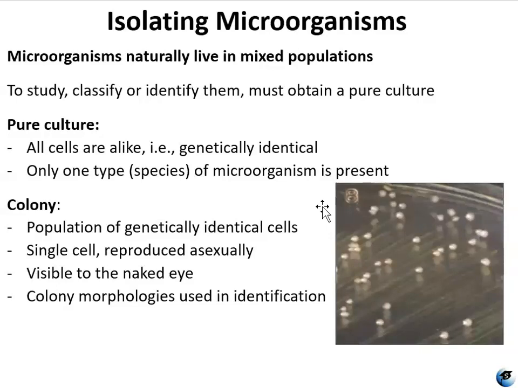And a colony, a term you've heard me say a few times now, refers to a single cell that has grown and reproduced in such a way that you can observe it, like you can observe this aggregation of cells on a plate with the naked eye. But every cell in that aggregation is genetically identical to each other because they all derived from one single cell that divided and reproduced asexually.